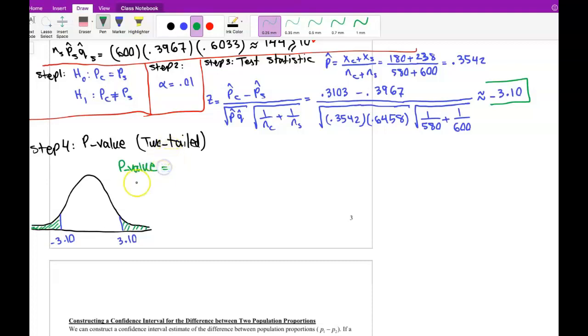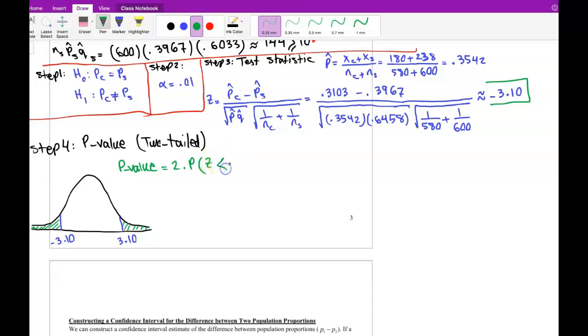So p-value is equal to, remember, I told you when you have two tails, you need to multiply by 2. So 2 multiplied by finding the p-value for one tail. So p-value for when z is, I'm working on left side because here I got negative 3.10, but there's no difference.